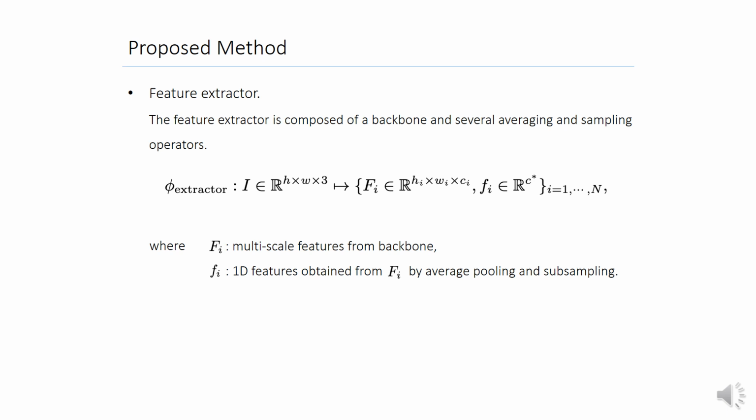For each feature, capital Fi, at each scale, a 1D feature is obtained by concatenating the results of average pooling of capital Fi and flattened subsampling of capital Fi. In our setting, we use output layers 1, 2, 3, 4 of the backbone. Accordingly, we have 4 scales and 4 stages.